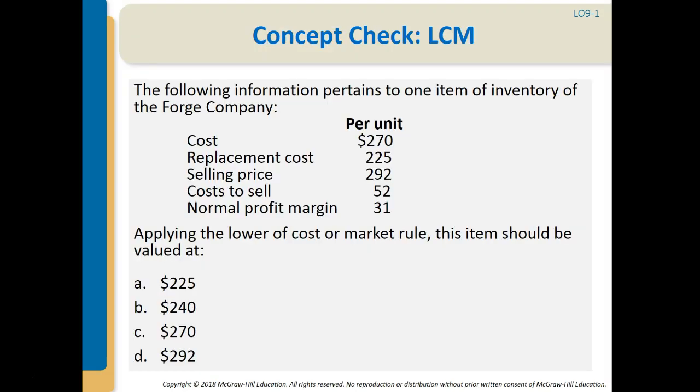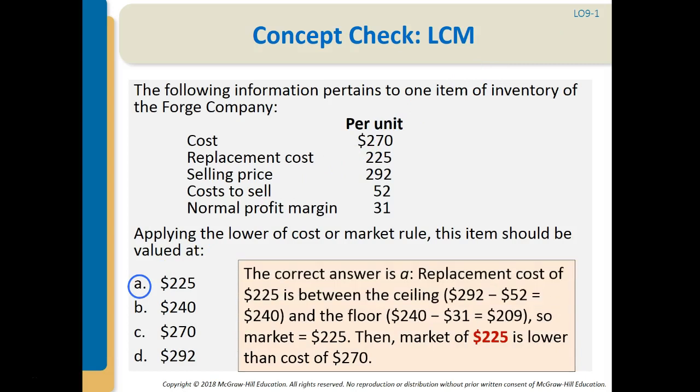So let's take a look at our next concept question. The following information pertains to one item of inventory for Forge. Applying the lower of cost or market rule, this item should be valued at $225.